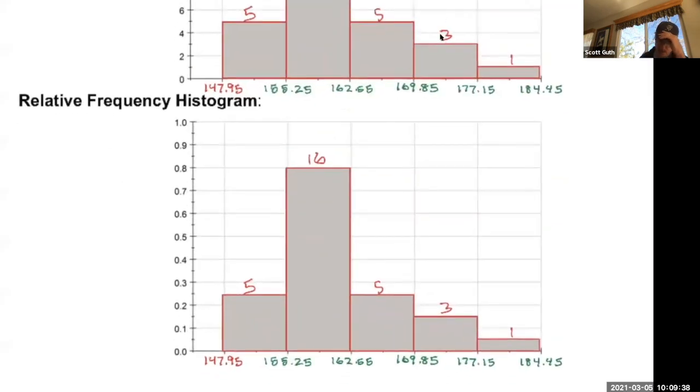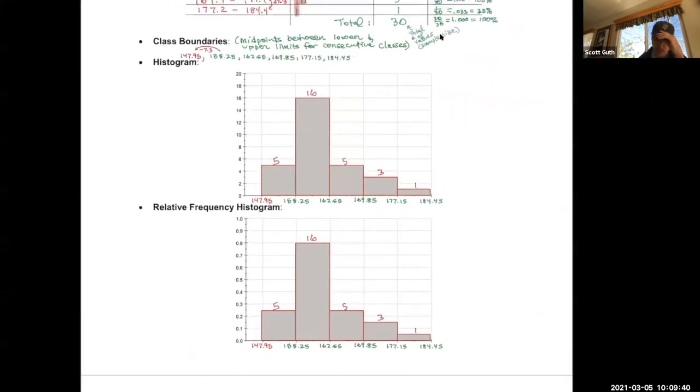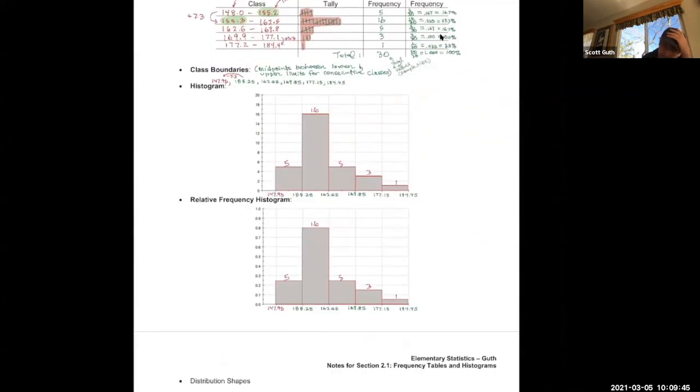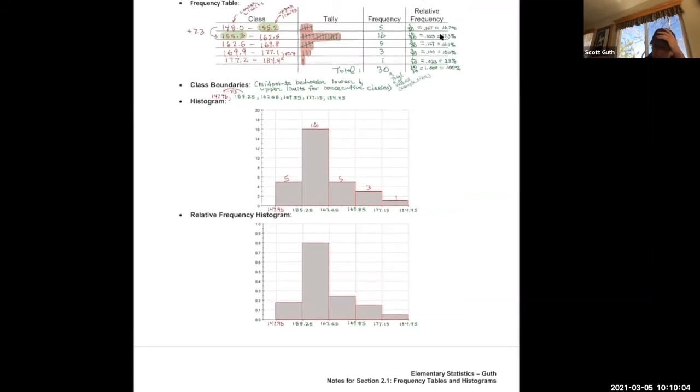Okay, so the first one has a height, let's see, relative frequencies of 0.167. So I'm going to just go through and correct the heights of all these bars. And it's going to scale it, but it'll still be roughly the same shape. So 0.167 is going to be right about here, I think. Next one goes up to 0.533, maybe here. Next one's the same as that other one.